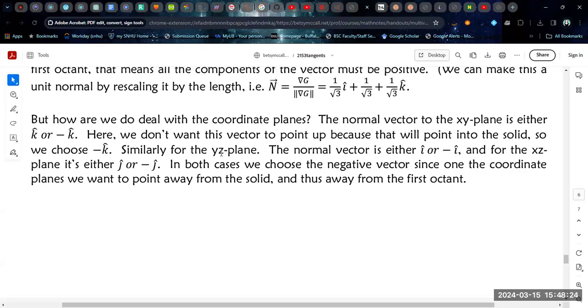Again, we want it pointing out of the region, so we would choose minus i. And for the xz plane, it's either j or minus j, and again we want it to point out of our region. So in this example, we would pick minus j.